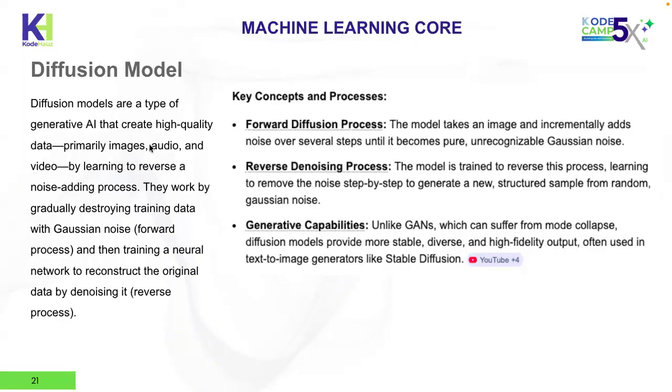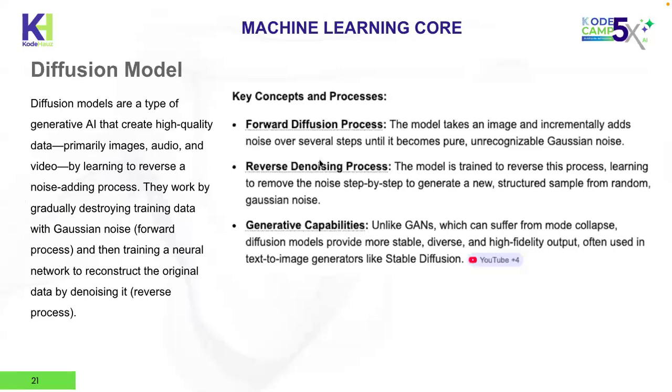You now add some random numbers to it. As you're adding random numbers incrementally, of course, the image loses what makes it the image, right? So it effectively becomes noise at the end of that first process, which is the noising process or the forward diffusion process. At that point, it basically becomes what we call Gaussian noise, right?